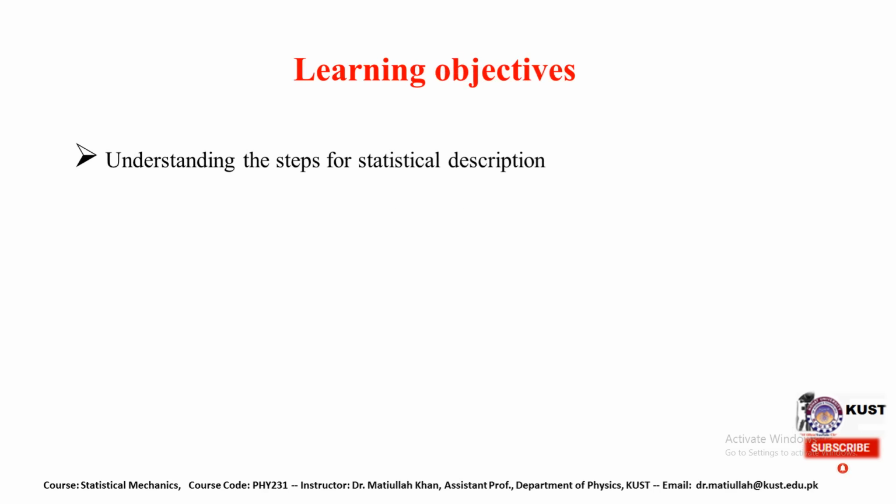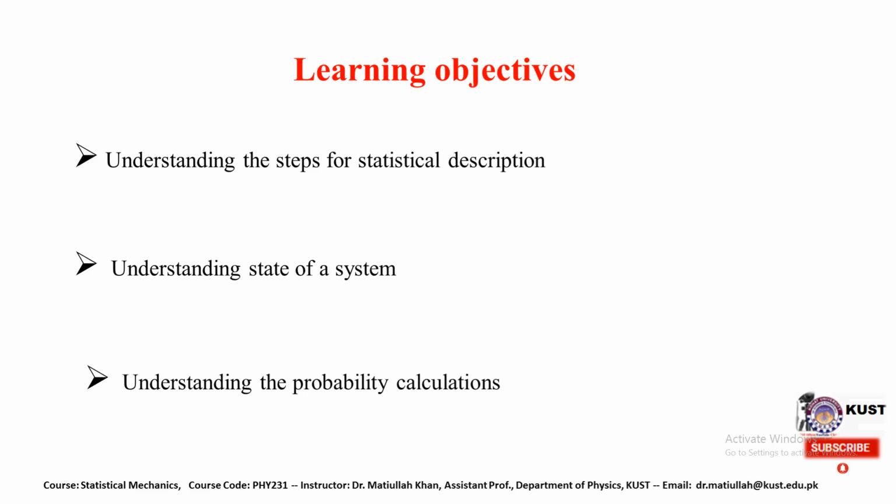We need to discuss each of the steps in detail, and the other objective of this lecture is to understand the state of any particular system, specifically a statistical system, and at the end we will do the probability calculation, which is also a part of the statistical description of a system.